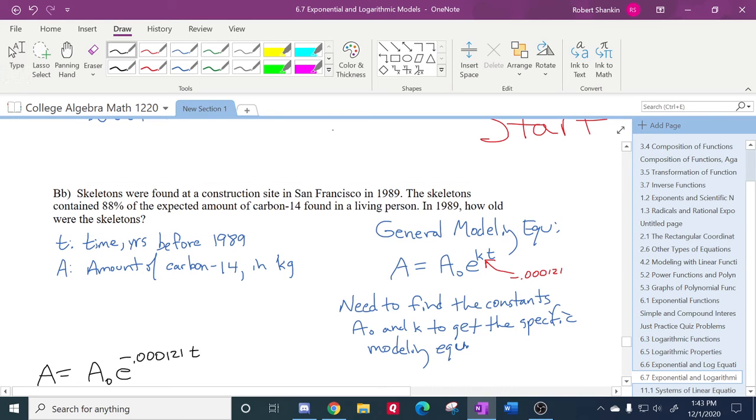And now we're dealing with this: the skeletons contained 88% of the expected amount of carbon-14 in a living person.